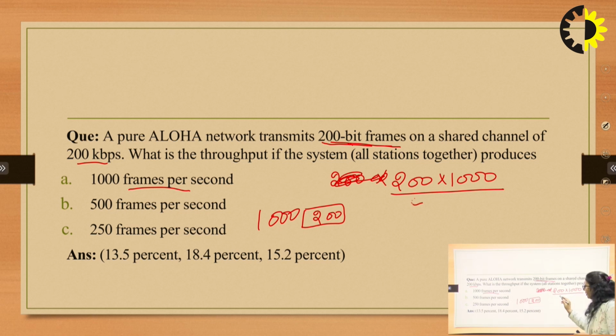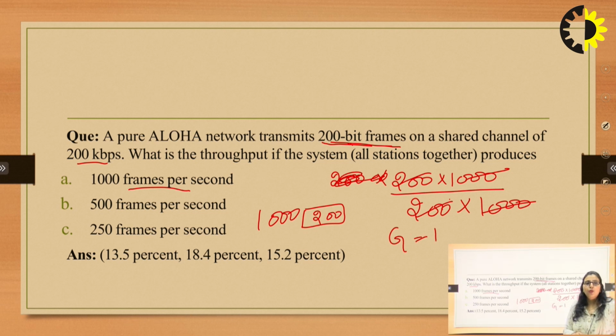So, here it is 200,000 divided by 1000, and we get the value G equals 1. G equals 1 is for slotted Aloha.